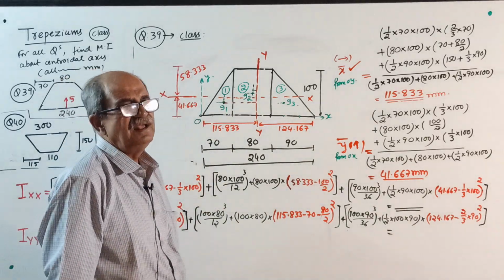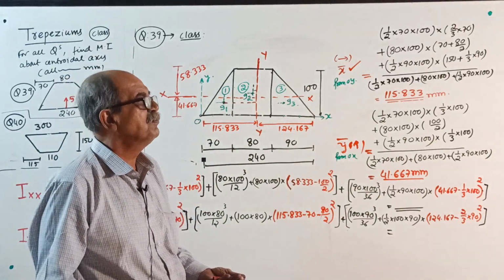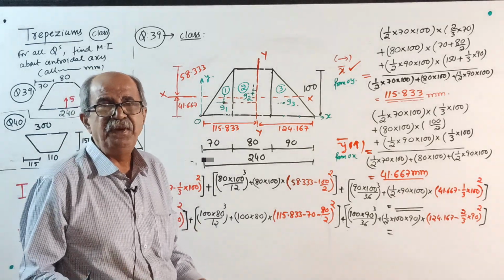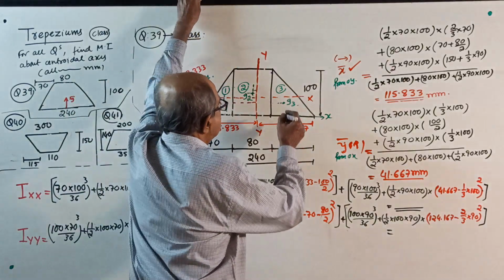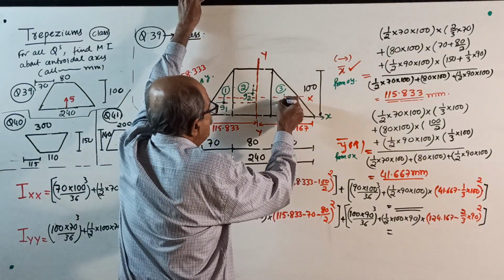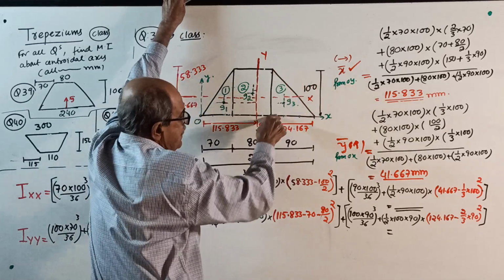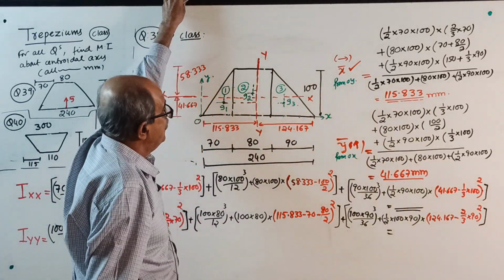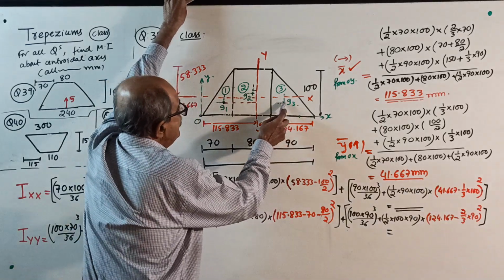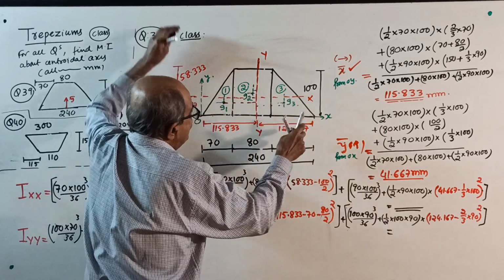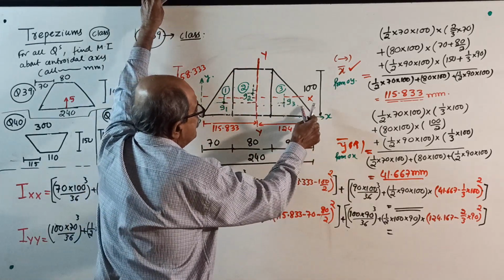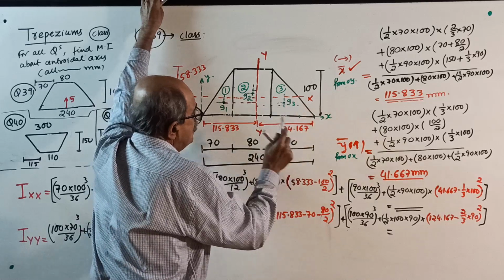Somebody will tell, master, how many times you told, questions are over, why are you telling repeatedly? For those who find difficulty. I about its own centroidal axis: 100 into 90 cube by 36 plus area into, see, this distance square, that is 124.167 minus 2/3 of 90.